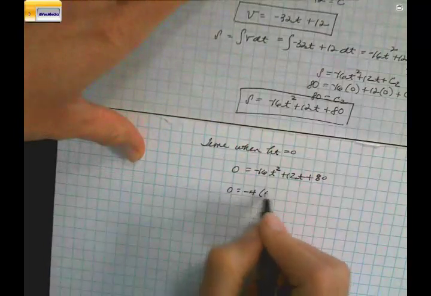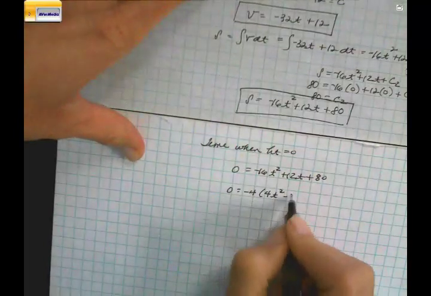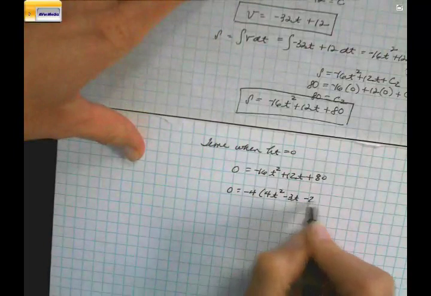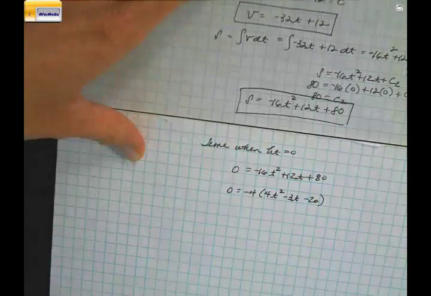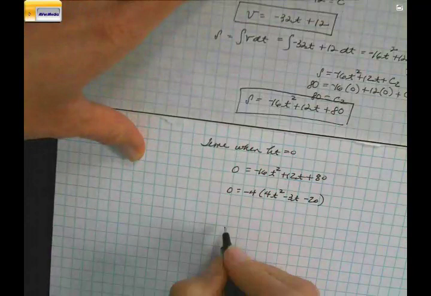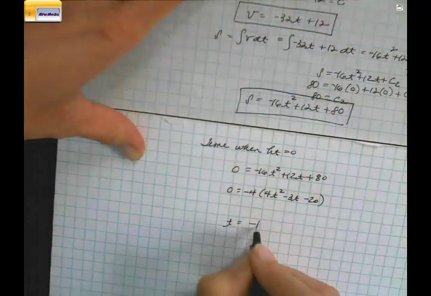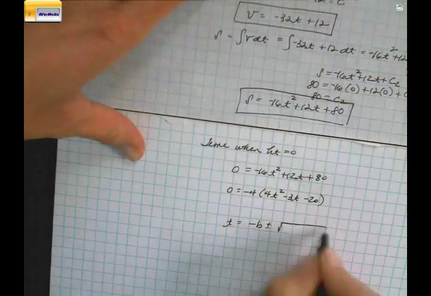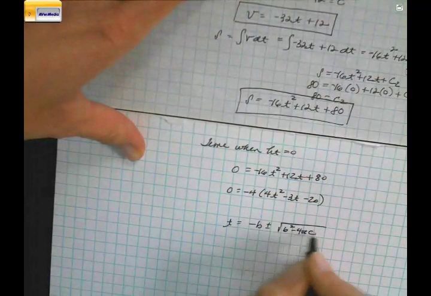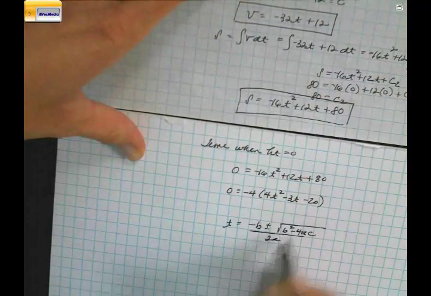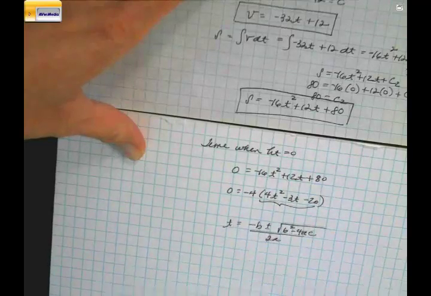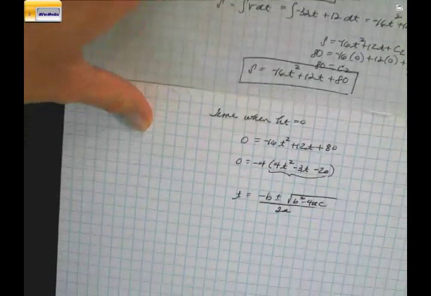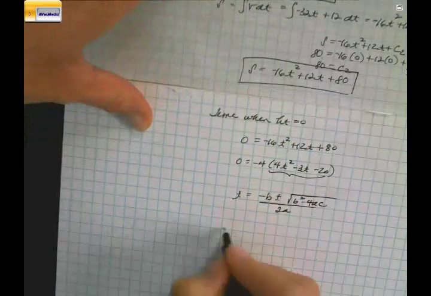So 0 equals a negative 4 times 4t squared minus 3t minus 20. Does this thing factor? No. Now what? t equals a negative b plus or minus the square root of b squared minus 4ac all over 2a, right? Where a is 4, b is a negative 3, and c is a negative 20.